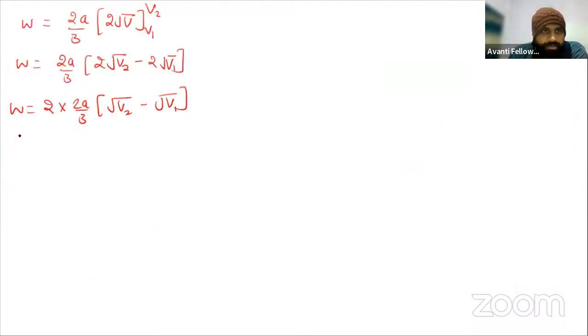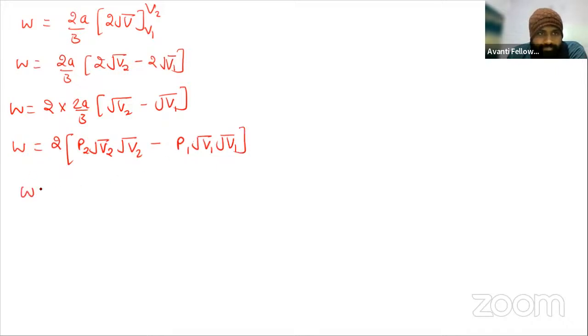So we replace 2A by 3 with P2 root V2 into root V2, and the same for P1 root V1. So it will become P2 V2 minus P1 V1.